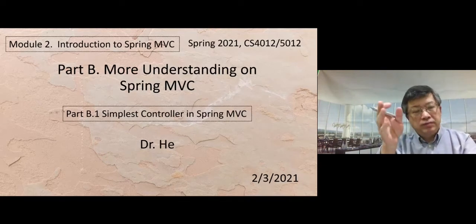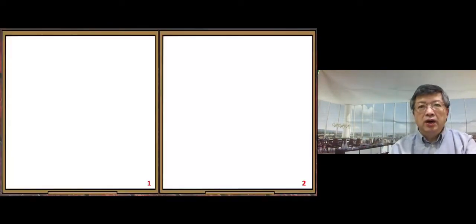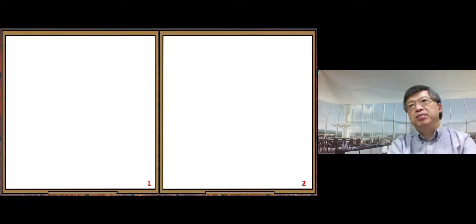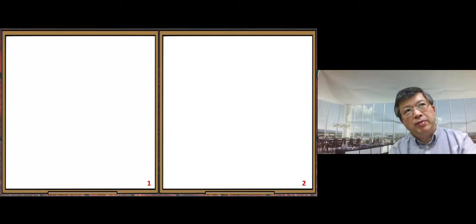All right, so let's continue our understanding of Spring MVC. Here I'm talking about that Hello Spring example. Remember, it's one of the tutorials in part D. Last Wednesday, I uploaded a zip file, and in the zip file you can find this tutorial.